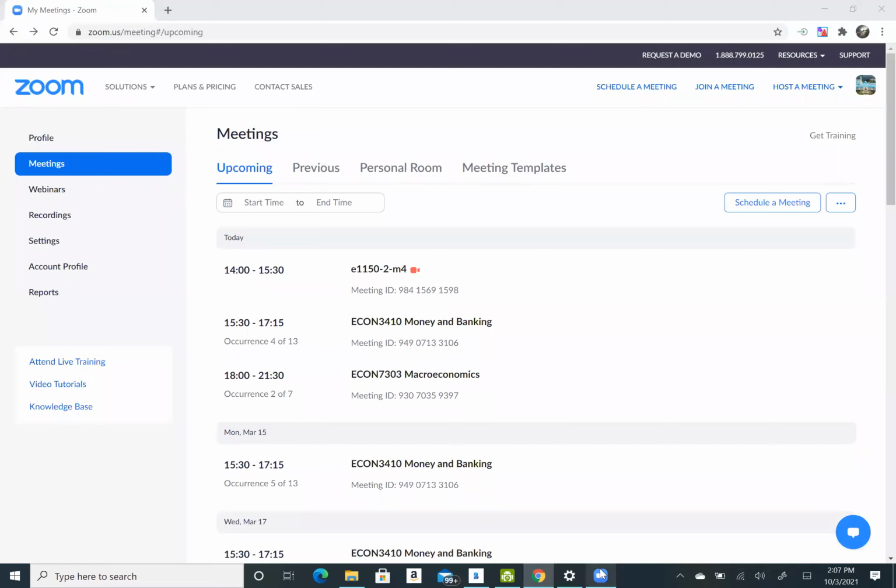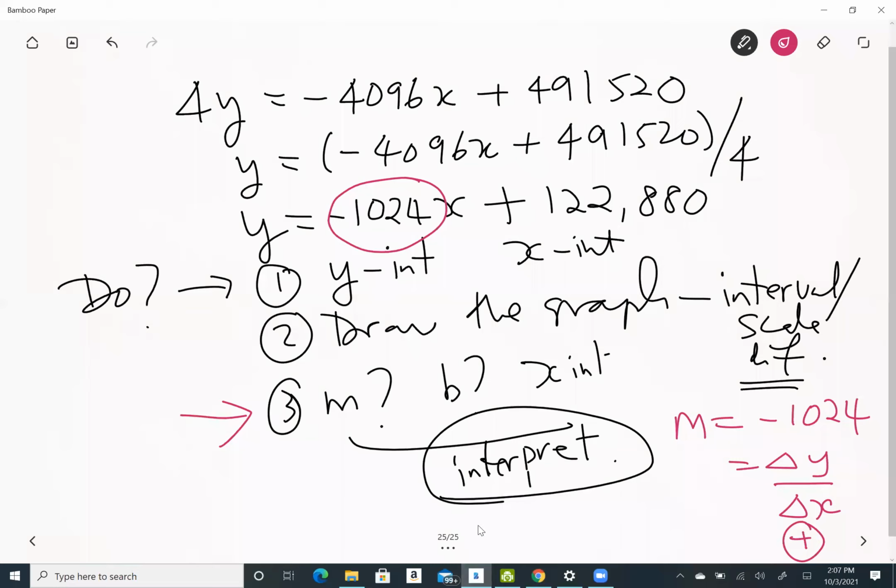Yes, sir. Can you see the screen? Yes, I could see the screen. Okay, good. Because it was off. That's why I said my internet today is not very good.